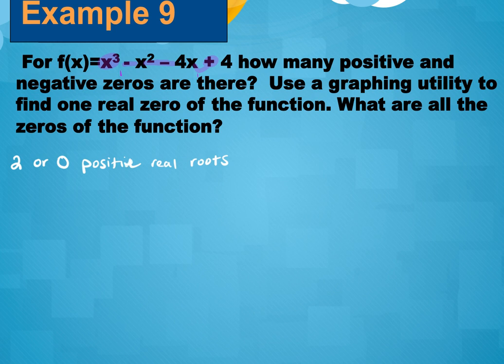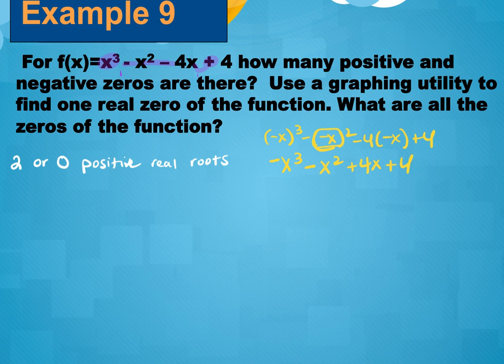Then I'm going to plug in my negative x. So negative x to the third minus negative x squared minus 4 times negative x plus 4. Negative x to the third is negative x to the third. This becomes positive x squared, but the minus is still out front, so minus x squared. Negative 4 times negative x is positive 4x, plus 4.